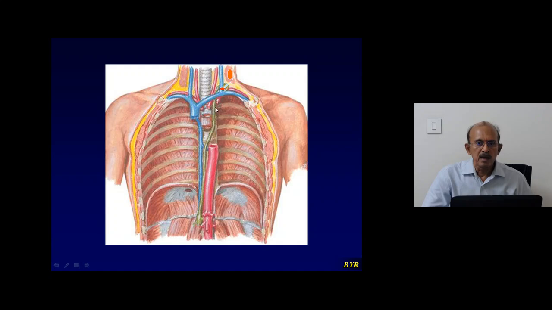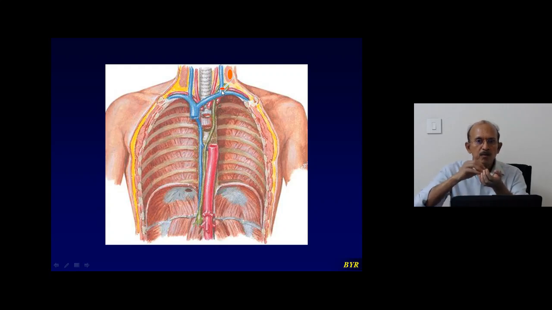Now, the malignant cells coming here in the thoracic duct are halted by the valve cusp. Over the valve cusp, the malignant cells lodge. They won't go immediately into the venous system.